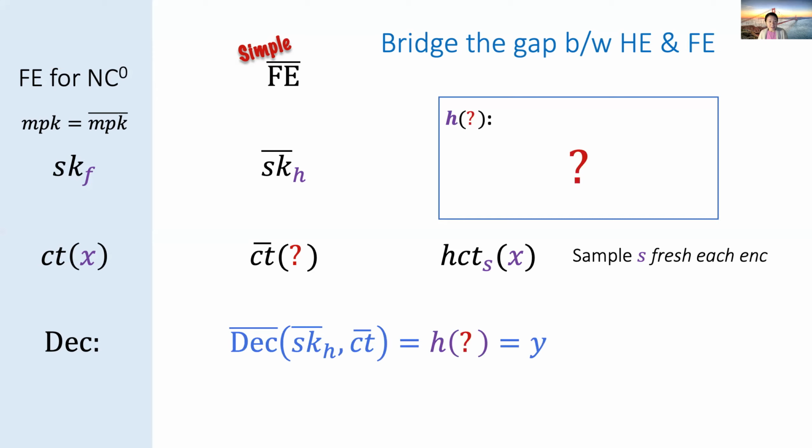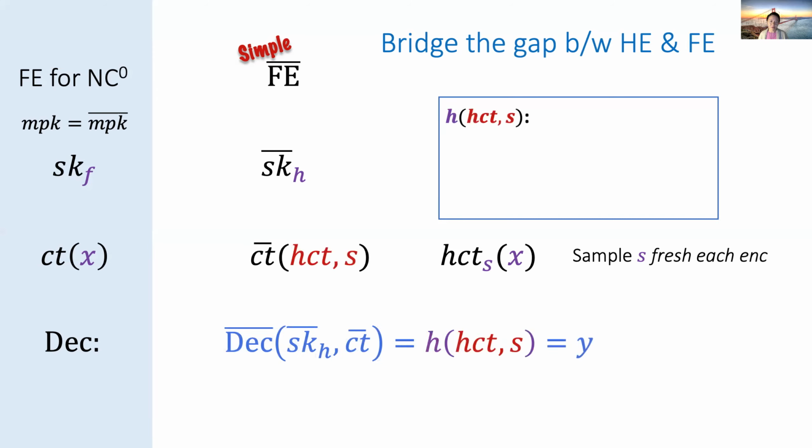Okay, let's try. One way that we can achieve that is to encrypt inside the simple FE scheme the HE ciphertext together with the HE secret key.